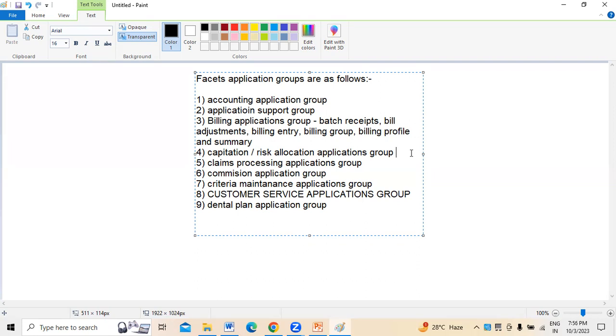This is completely relating to the capitation as well as risk allocation, whatever risk is involved in it. So the risk allocation applications, if there are any, that information will also be mentioned under the capitation and risk allocation group. Along with this, if there is any possibility where we need to update the claim mapping also, because whatever the claim inquiry mapping we have, right?